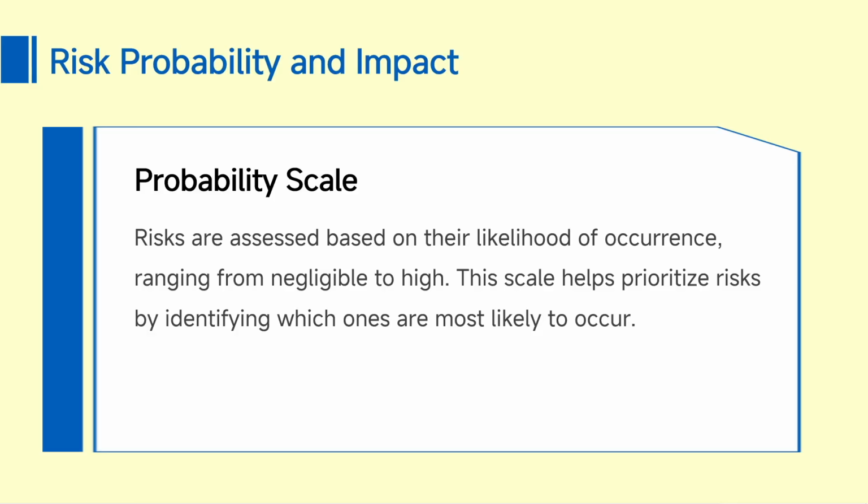So, negligible in the sense the likelihood of occurrence is very less or sometimes 0, and it moves to high, which means that it will occur for sure. So, this probability scale is trying to help us in prioritizing the risk with respect to which has to be considered first or second or at the last.